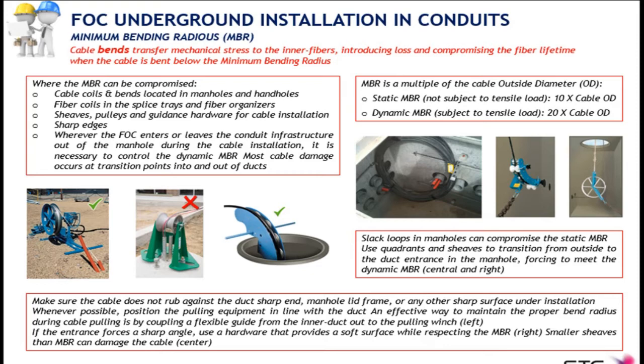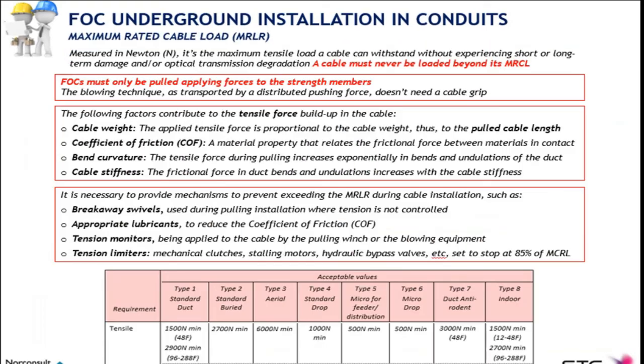But this is about the fiber core, the fiber strands, not the fiber cable. So the rule is to apply the MBR as a multiple of the cable outer diameter. And in that way, we make sure that all fibers and additional components are safe inside the cable.